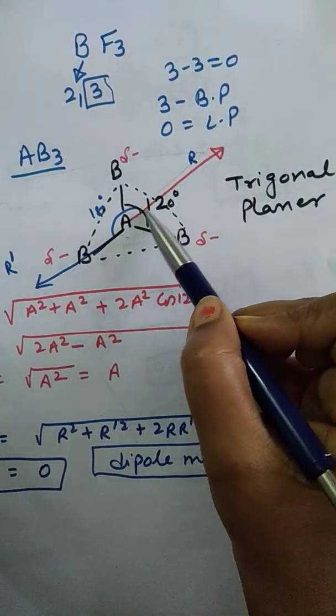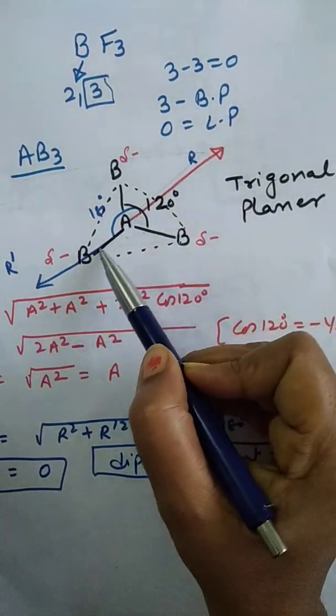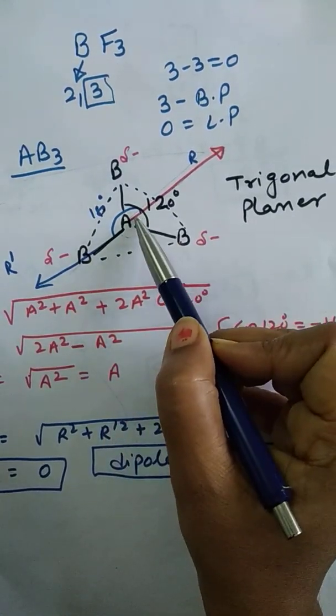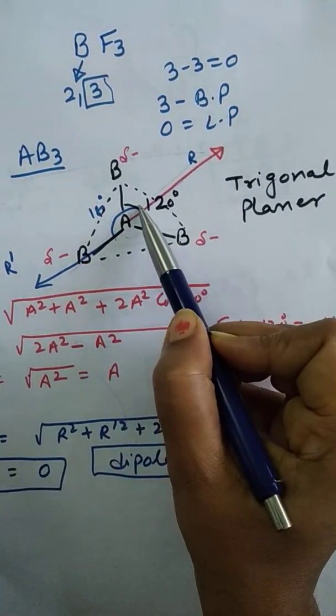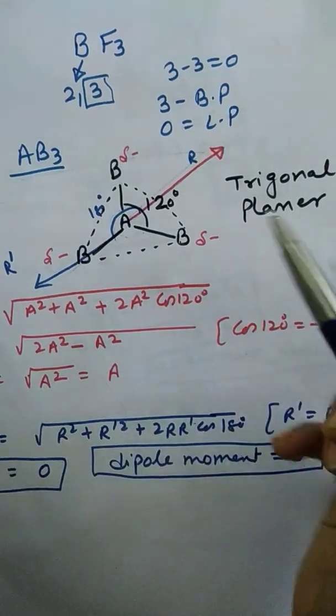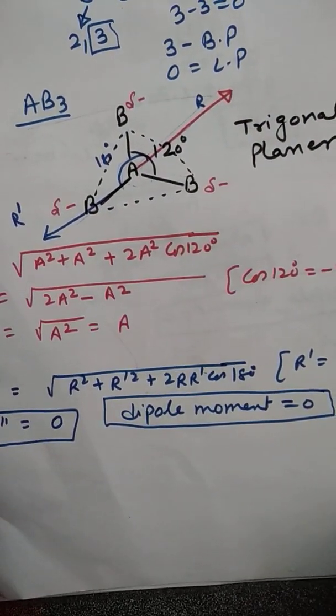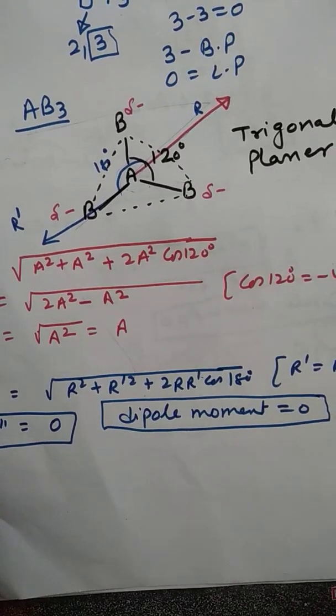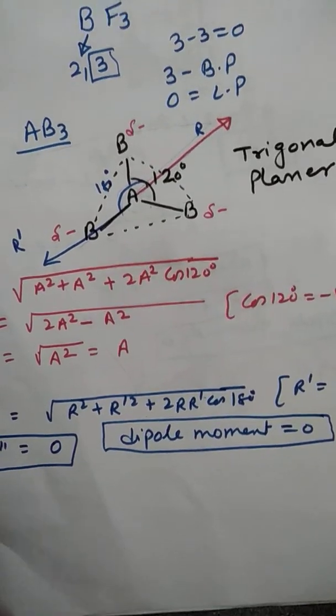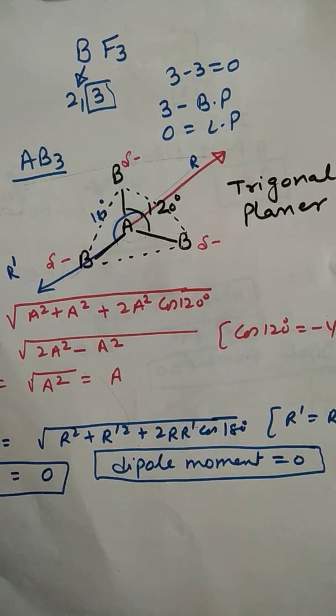Now this resultant and this vector are the same and at an angle of 180 degrees. So again the net sum of the dipole moment comes out to be 0. That means we can also conclude that symmetrical molecules like BF3 which are planar also have 0 dipole moment.